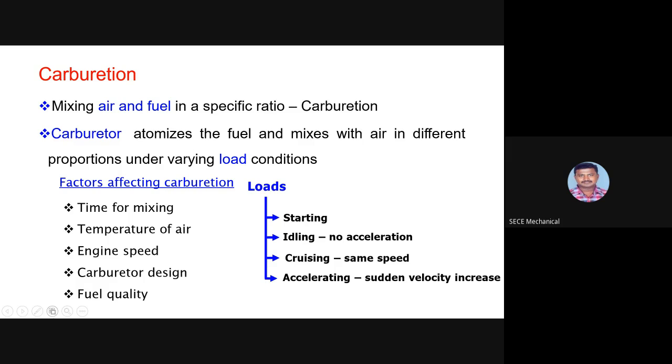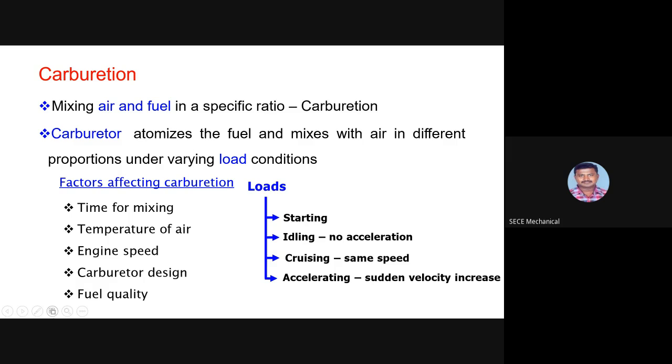The factors affecting carburation are time for mixing, the temperature of air, engine speed, carburetor design, and fuel quality. These are all important things which will affect the carburetor efficiency. It depends upon the varying loads, so we mix the fuel at the right time.